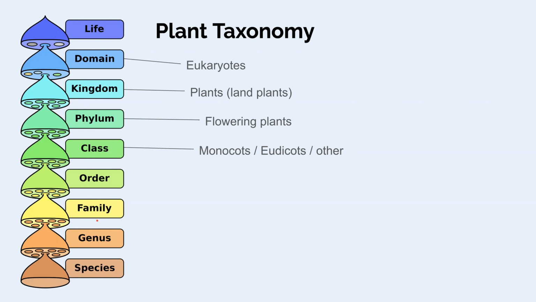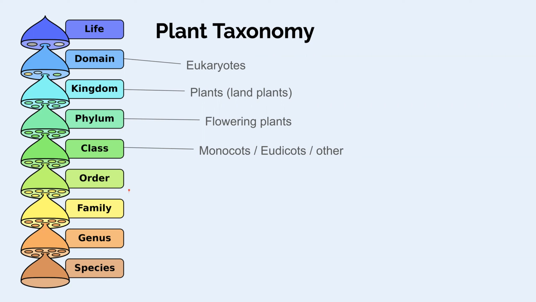We'll talk mostly in this class about species through family, with a big emphasis on the level of family. If you've got these anchor points of understanding the different plant families you're likely to run into, then you'll be well equipped for immediately looking at a plant and in many cases putting it in the right family right away. That saves you a whole bunch of time identifying it. That's one of the big reasons we spend time on family.